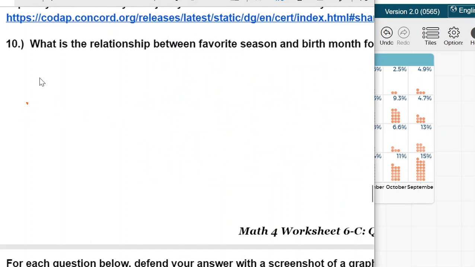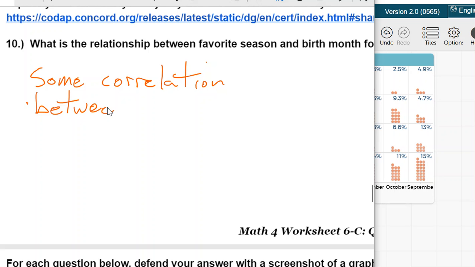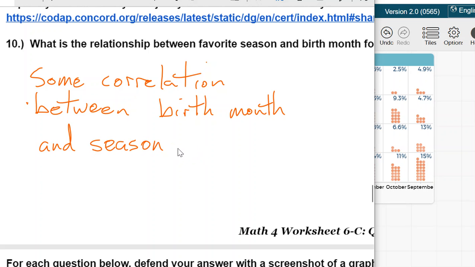So let's describe it as some correlation between birth month and season during which birth month falls.